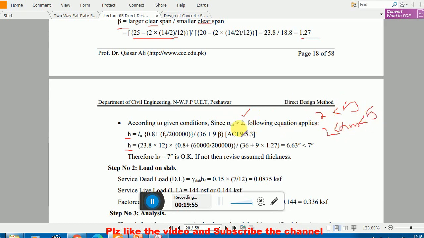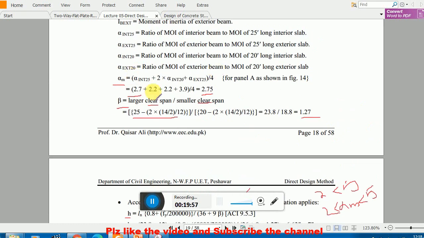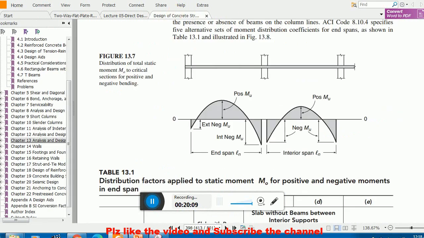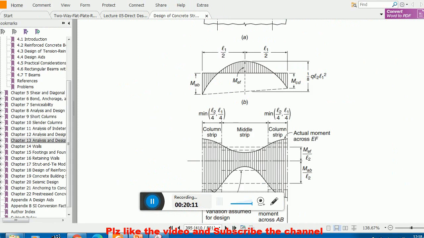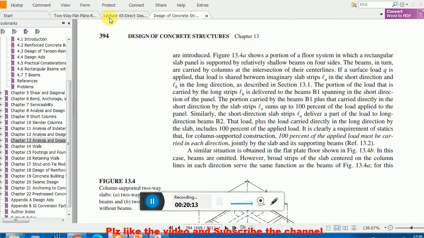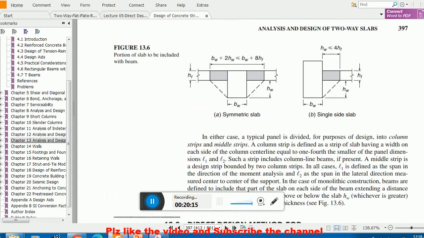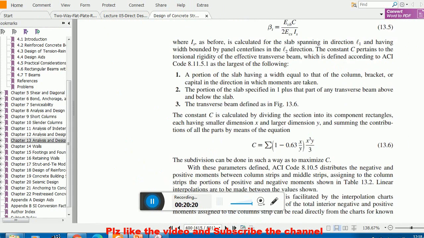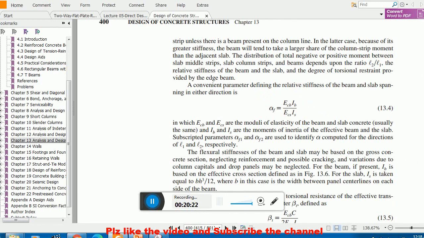This is the limitation. As you see, our alpha m value is greater than 2, so that's why we are now using this equation, ACI 9.5.3. In Nilson's book these conditions are also explained. There are different conditions, remember, and I thoroughly explained these points in my lecture number 1 and 2. So please watch those lectures, I already mentioned it to you.